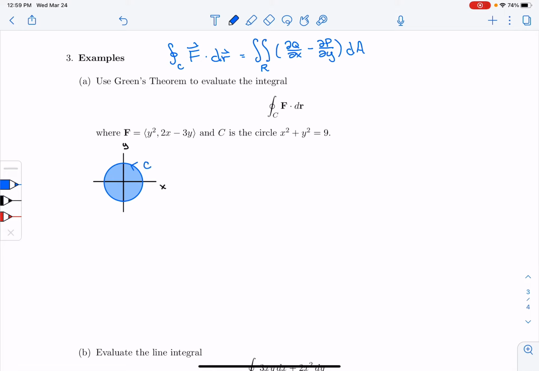We're going to give it a positive orientation. And then what we would like to do is instead consider an integral over the region enclosed by C. We'll call that region R, and perform the appropriate double integral.